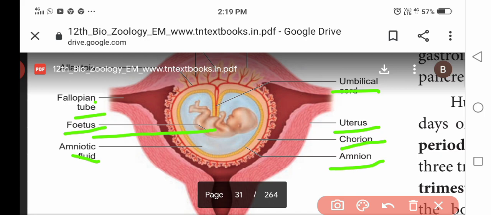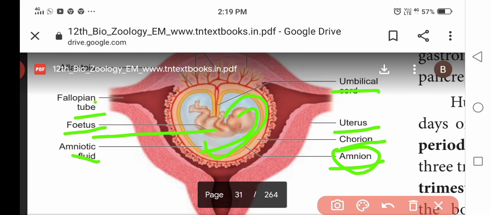First we discuss the amnion. The amnion is a double-walled structure. Do you know that it is a double-walled structure? It is full of a fluid-like substance called amniotic fluid. What is it helpful for? What are the uses of this amniotic fluid?